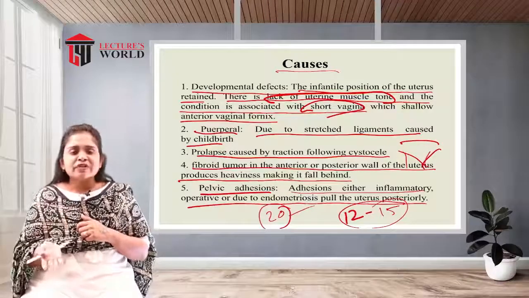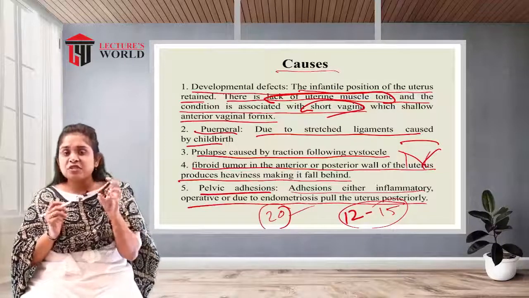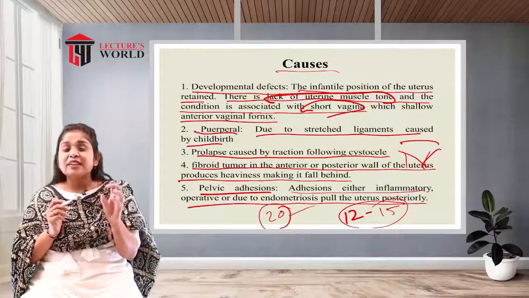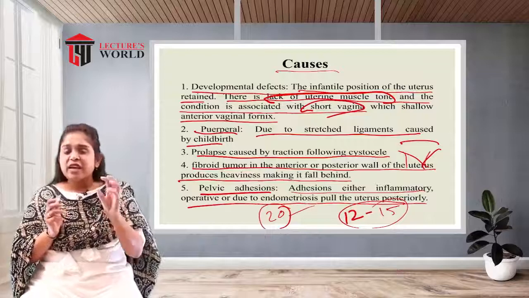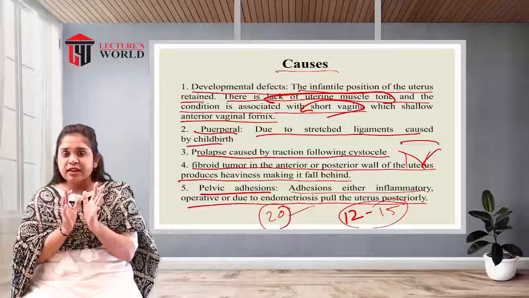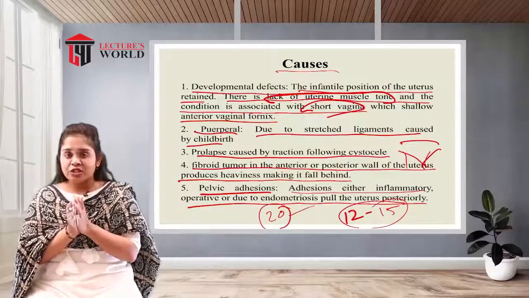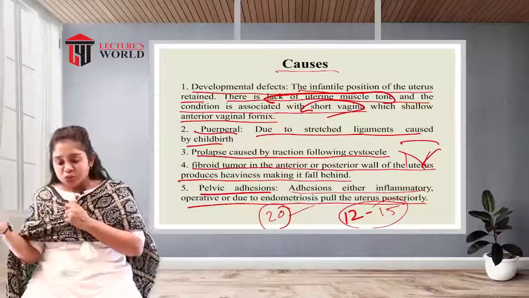Why? Because in infection and inflammation, the muscles, cells and tissue will be dead enough. If they are not working properly, those muscles are not going to hold the uterus in position, so it goes to the posterior side.